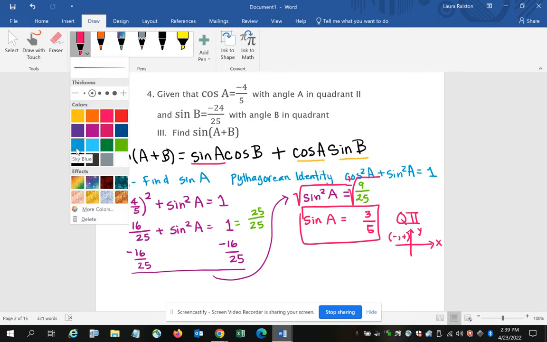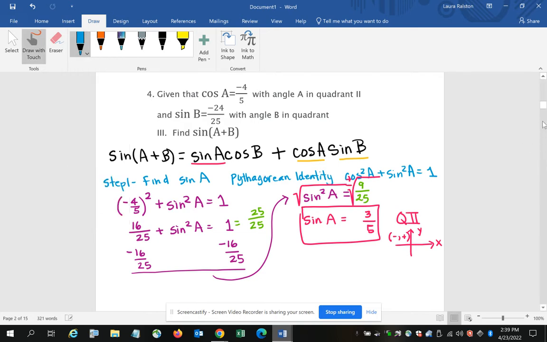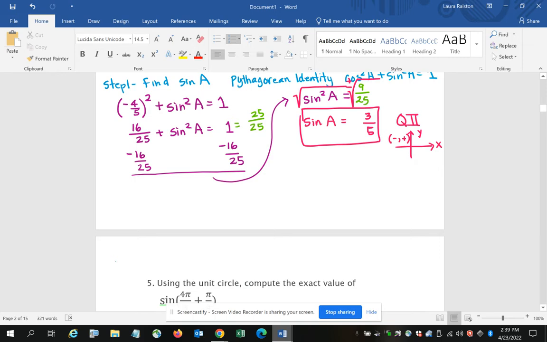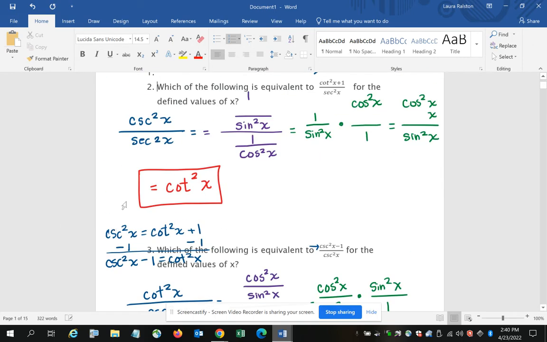Step 2 is I've got to find the cosine of B. Okay, and I'm going to have to see if I can get me some more space in here, so hold on just a minute. Let me see if I can make some more space.